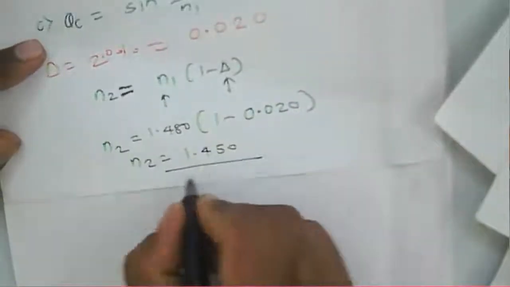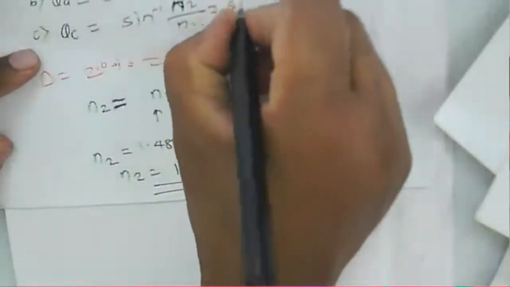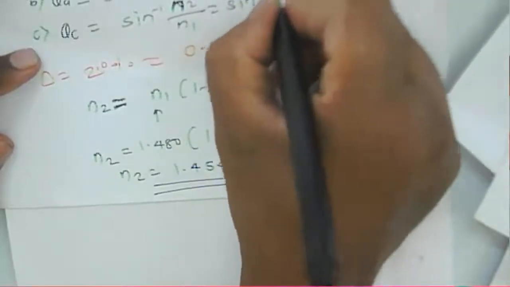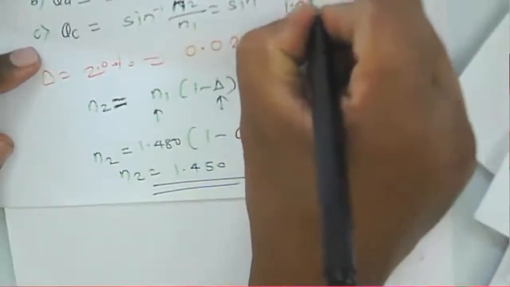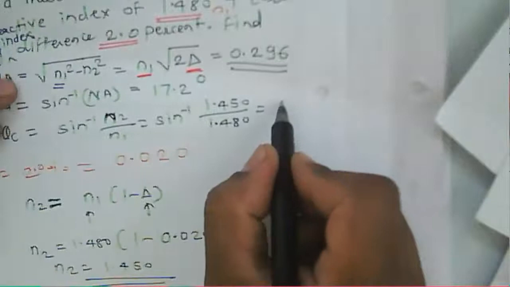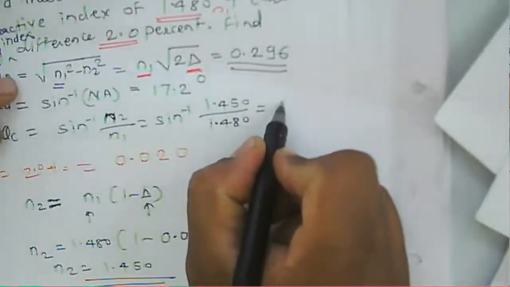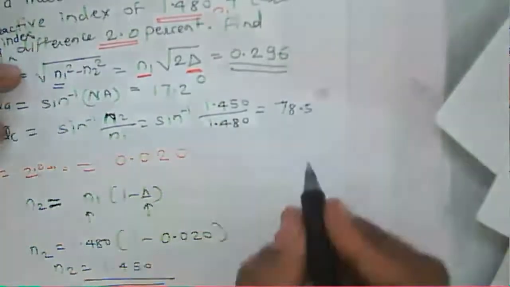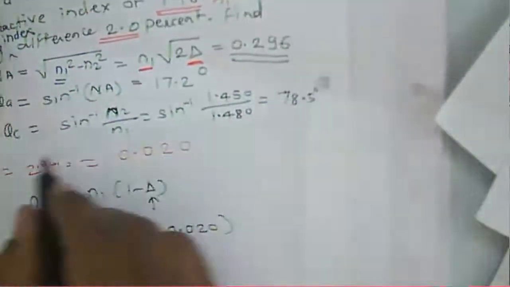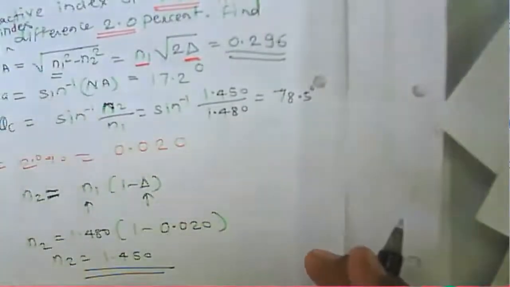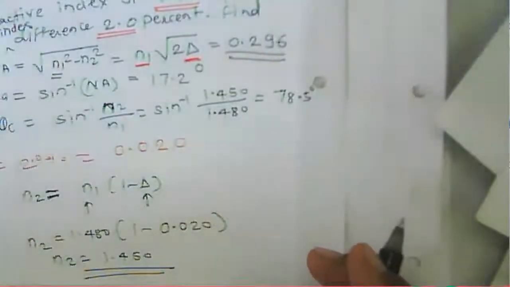Put that here: sine inverse of 1.450 divided by 1.480. So you will get the answer for this critical angle, that is about 78.5 degree. That is the critical angle value.